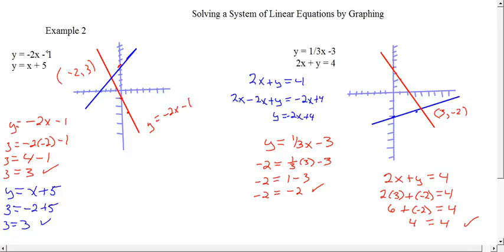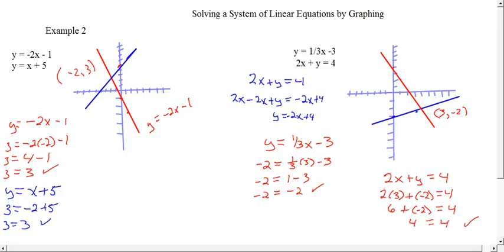We'll start with the negative 1, the y-intercept, plot it, and then you notice the slope is negative 2, so our rise over run will be negative 2 over 1. So we're going to go down 2, over 1, and then just simply connect our line.